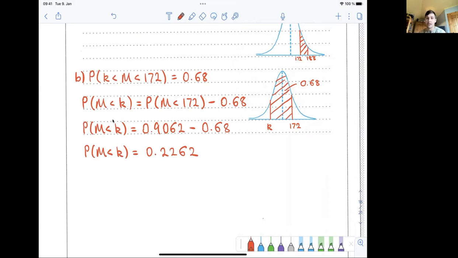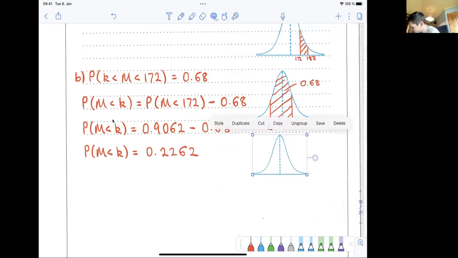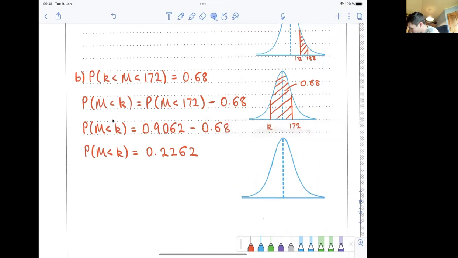All right, so now I know the probability that a randomly selected apple is less than K grams. If we were to denote that, we'll say this is K, we have found that this area under here is 0.2262.